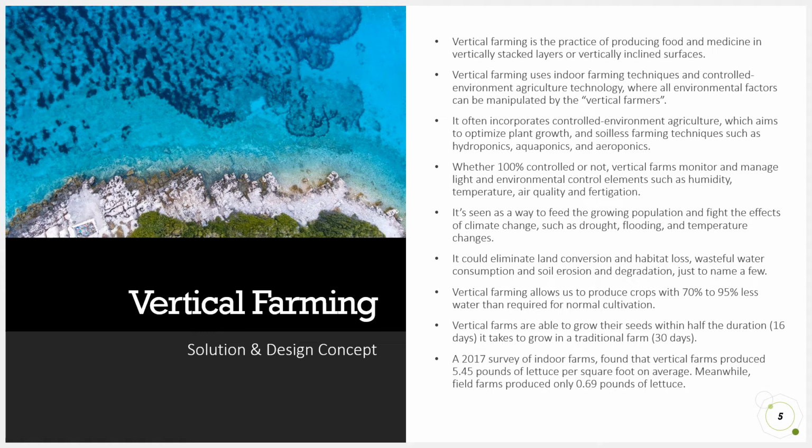So the design concept and the solution that I've come up with for this issue is vertical farming. It's the practice of producing food and medicine in vertically stacked layers, and you usually do this in a controlled environment that aims to optimize plant growth, using soilless farming techniques such as hydroponics, aquaponics, and aeroponics.